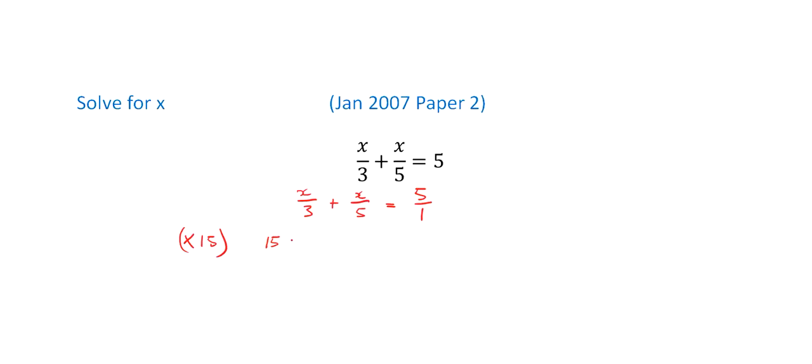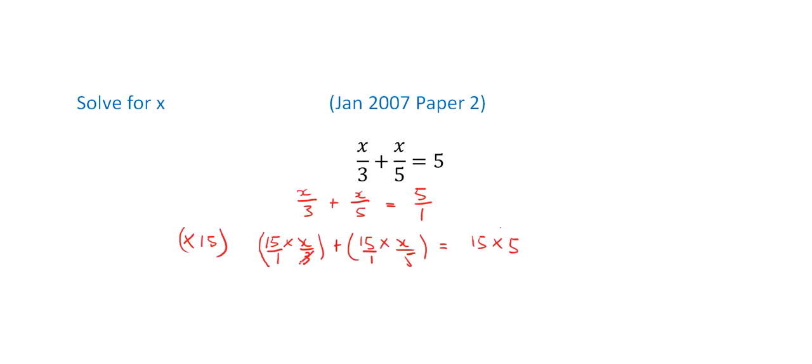15 multiplied by x over 3 plus 15 multiplied by x over 5, which is equal to 15 multiplied by 5. So you can write the 15 as 15 over 1.